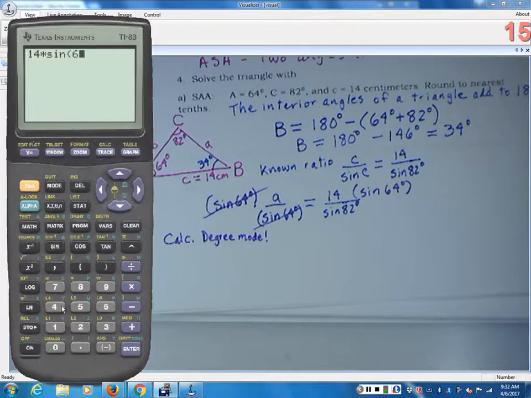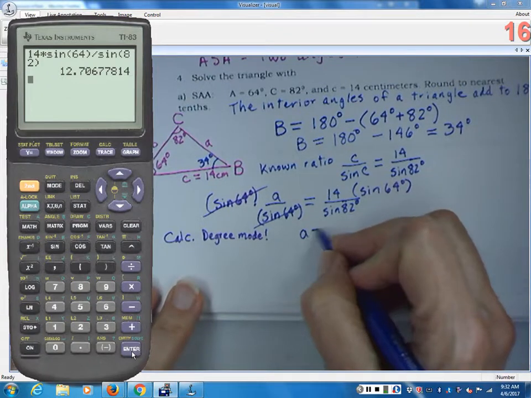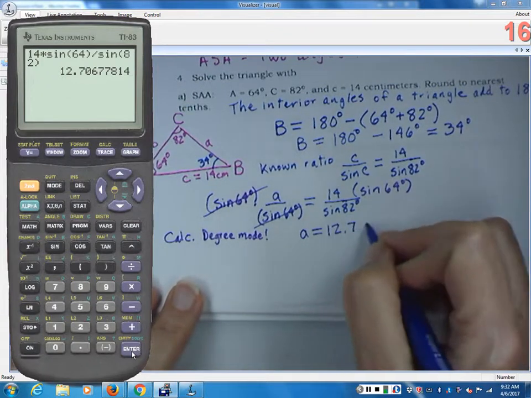I'm okay. 14 times sine of 64 degrees divided by sine of 82. And they just want us to round to one decimal place? Yeah, round to nearest tenth. So we get 12.7. And that's in centimeters. So 12.7 centimeters.